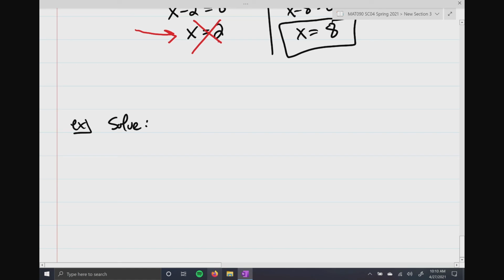I want you to solve x plus x over x minus 5 equals 5 over x minus 5 minus 7. Let's go ahead and try that.